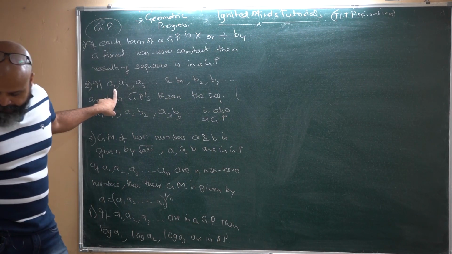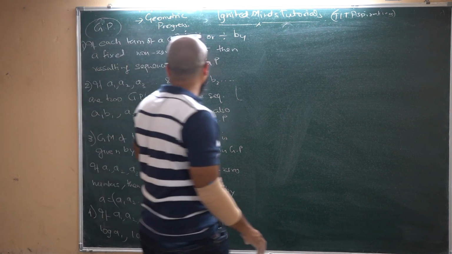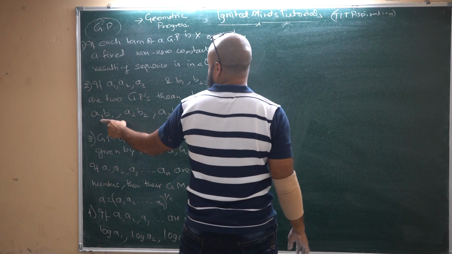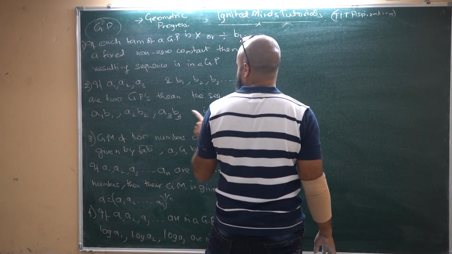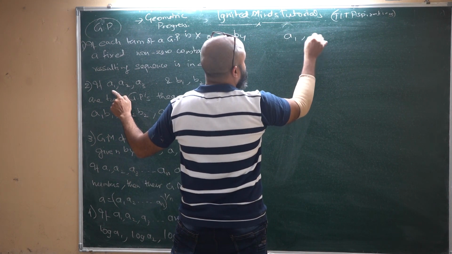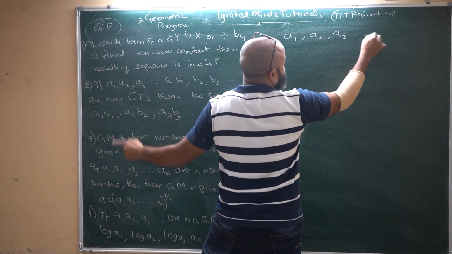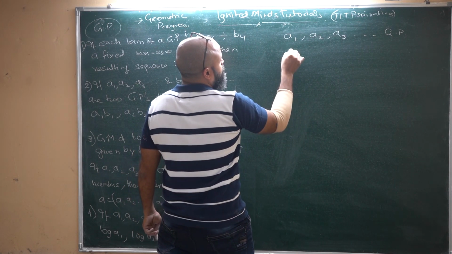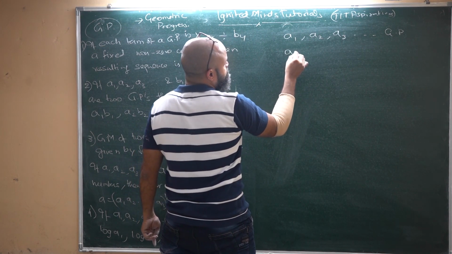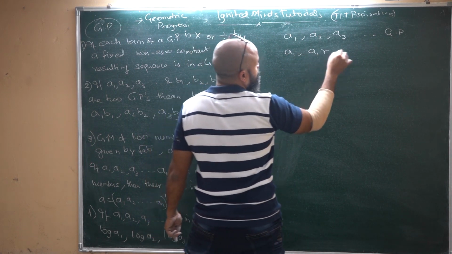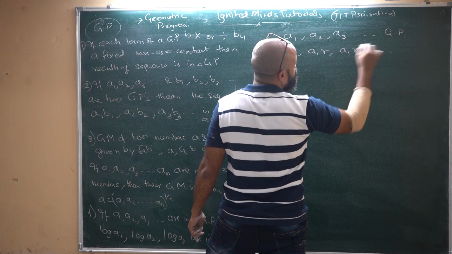Now if A1, A2, A3 and B1, B2, B3 are two geometric progressions, then the sequence A1B1, A2B2 and A3B3, this is also a GP. So let's say we have a sequence A1, A2, A3, this is basically a GP and so we can say that this is A1, this will be A1R, this will be A1R square and so on and so forth.